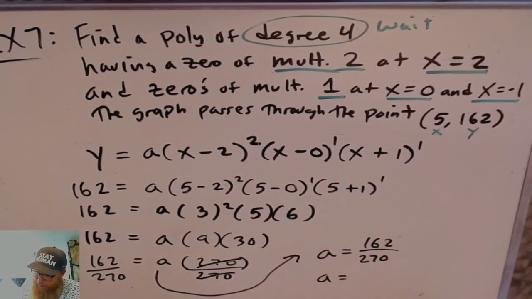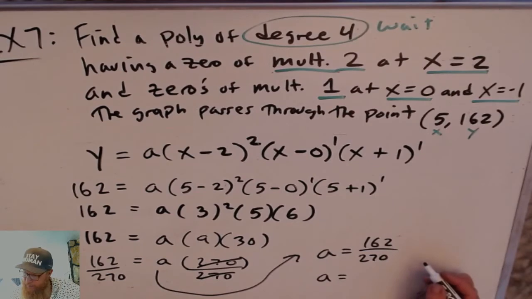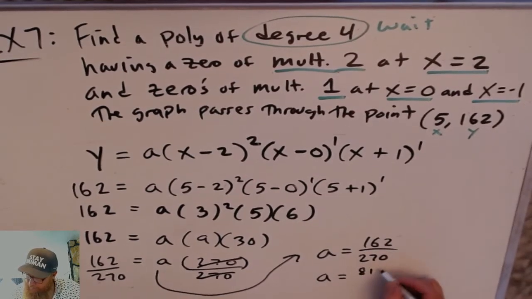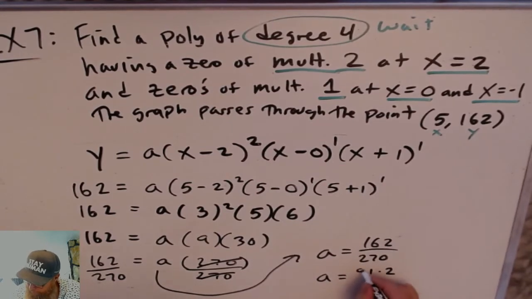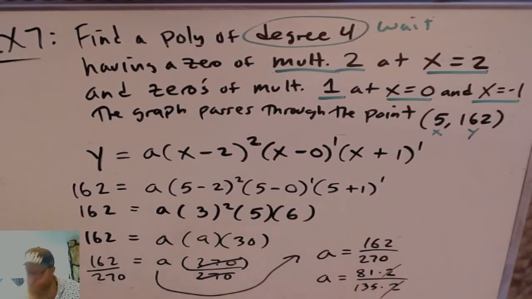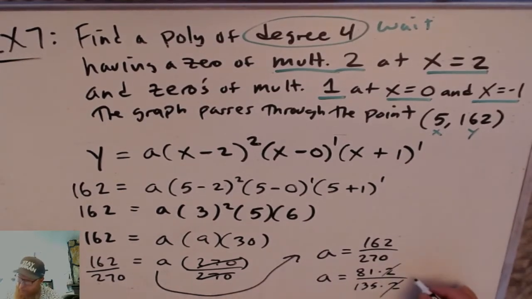Simplify this if possible. Let's see. 162 is 81 times 2. 270 is 135 times 2. So I cross off the 2's. Can I do any more?